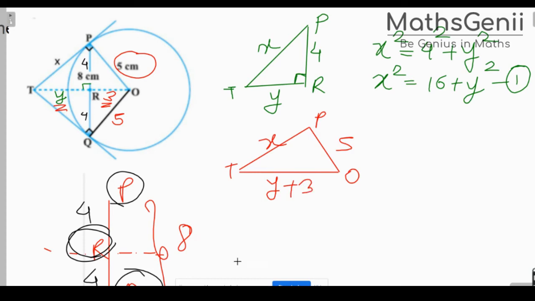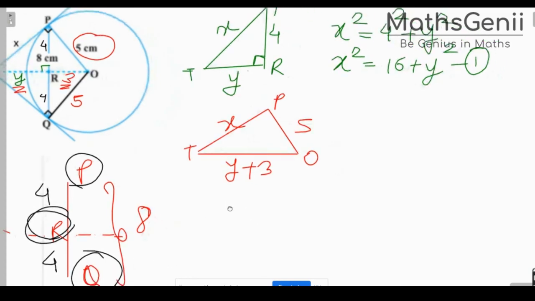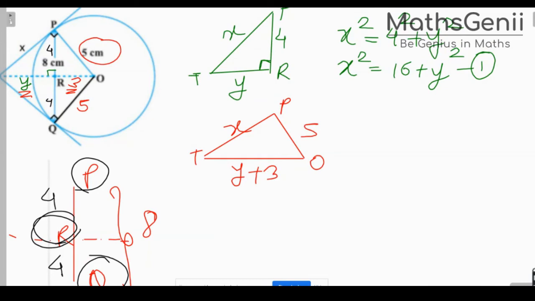Can I easily write that? Of course I can. So where is your right angle located in this case? Here. See, P is also right angle, the bigger triangle. Now side opposite to 90 degree, hypotenuse square is equal to side 1 square plus side 2 square. 5 square is 25, correct?